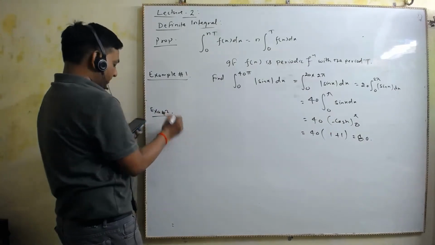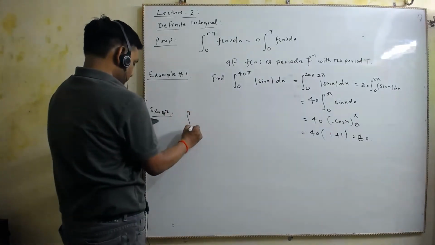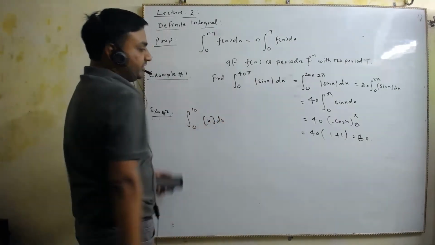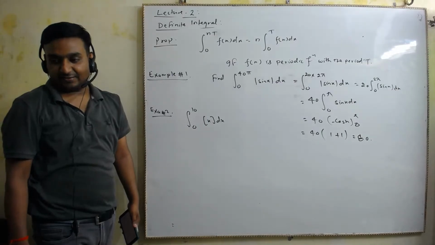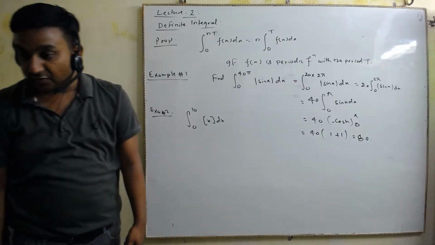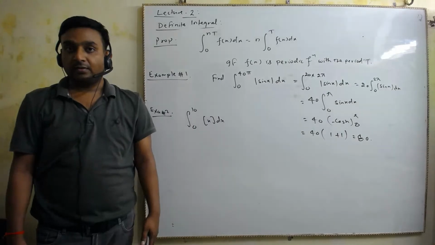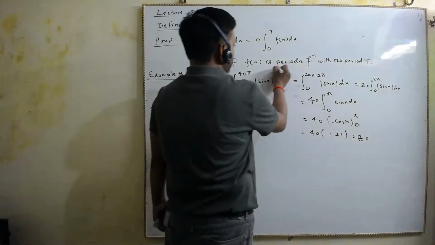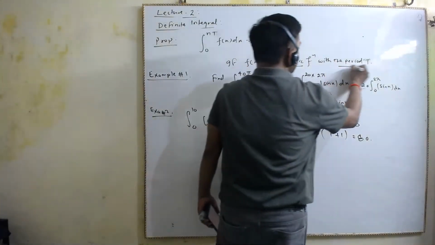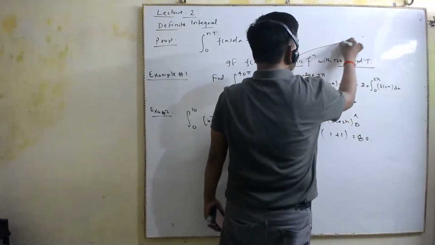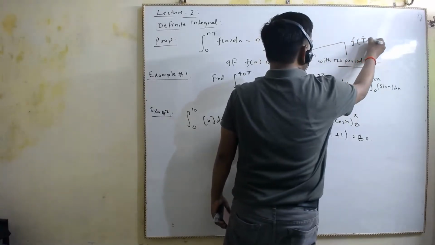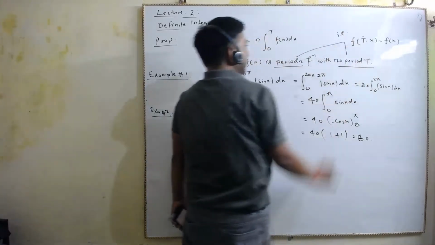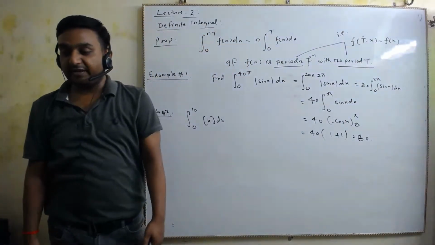So let's take one more example for us here, that is the integral from 0 to 10 of the greatest integer function dx. Shibu, the period of sin x is 2 pi, okay?